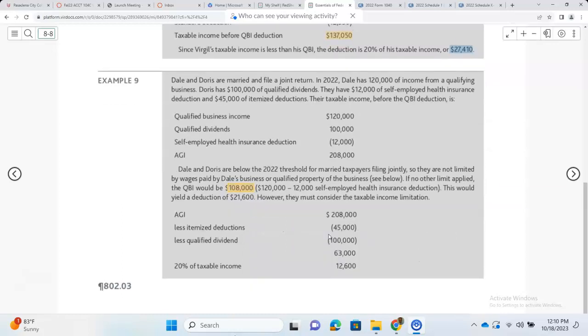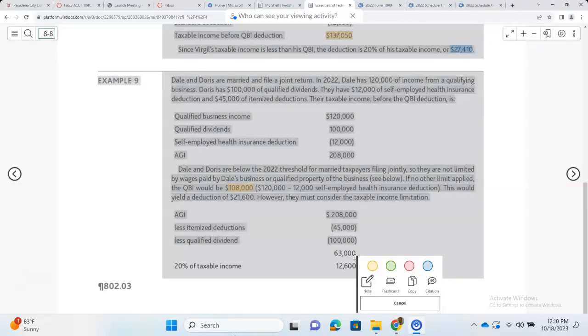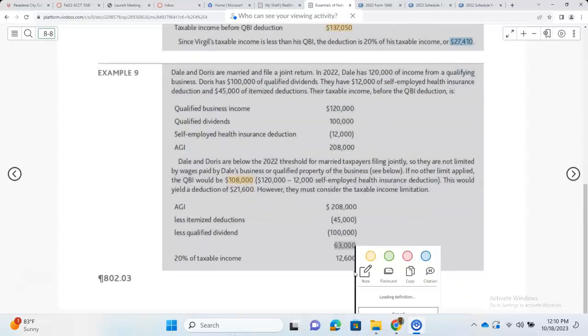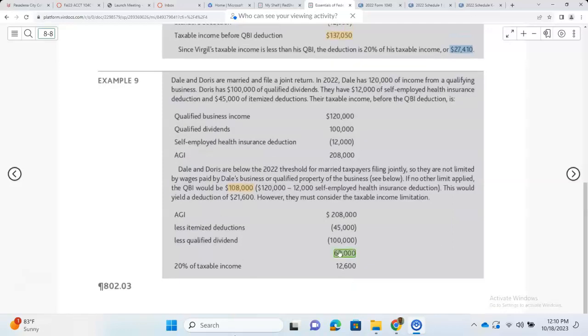AGI is 208, less itemized deduction of 45,000, less qualifying dividend, which is not qualified for QBI calculation, of 100,000. That gives you 208 minus 145, that gives you 63,000. 63,000 is less than 108, right? Make sense?